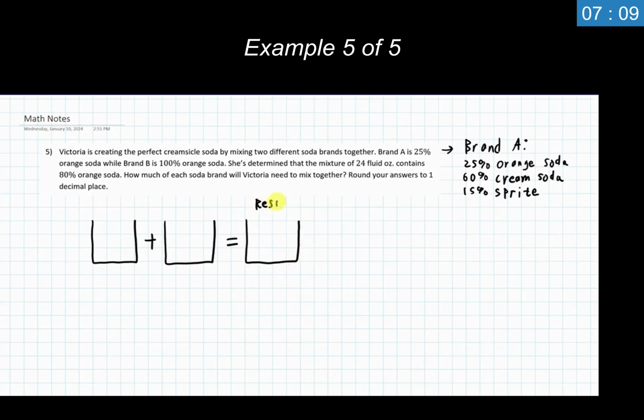Now we've been told that our 2 things that are mixing are brand A and brand B. So I'm just going to label those accordingly. I have brand A here in the first one, and I have information about brand B here in the second one. I still want to determine what the amounts are with these things, so I'm going to list in the amount.